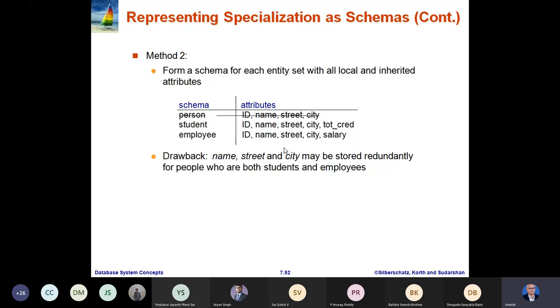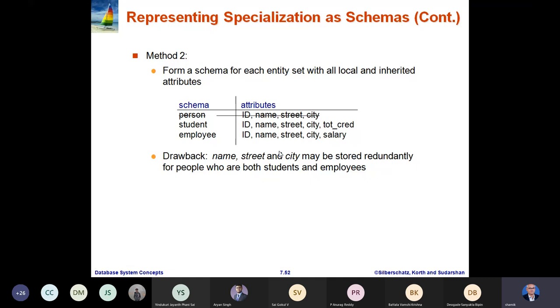But the disadvantage is that if we want to see who all the employees of this university are, then I have to get some of this data retrieved from a subset in the instructor table, and a subset in the secretary table.